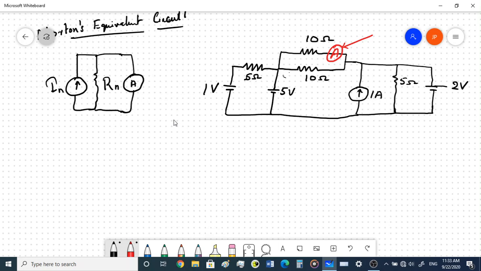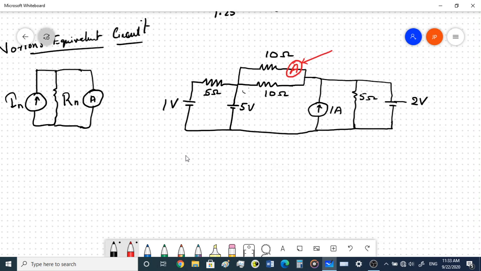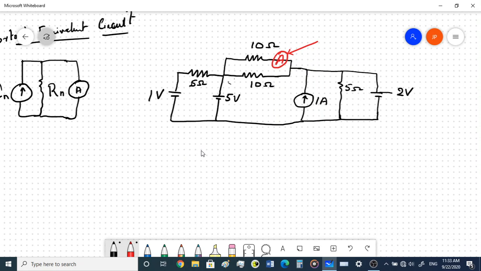First, let's find what would be the current flowing through each of these branches of the circuit. That's going to be a very simple analysis. The circuit might look complicated to a few of the students, but it is not that complicated.